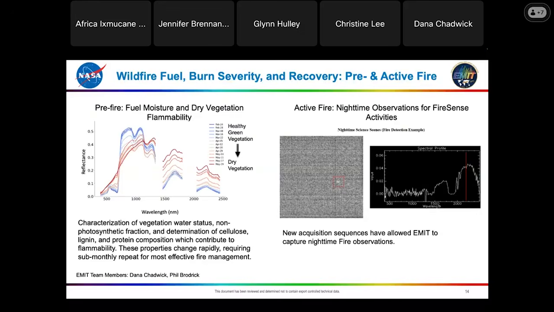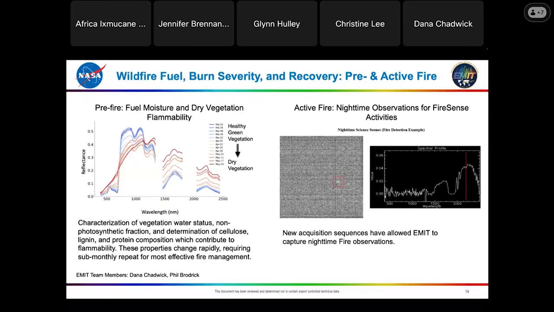And as these changes take place, you can see that there's a lot of nonlinear changes that occur throughout this spectrum. And this can give us some information about different characteristics of vegetation that suggest flammability and could be potentially used for better fire management.